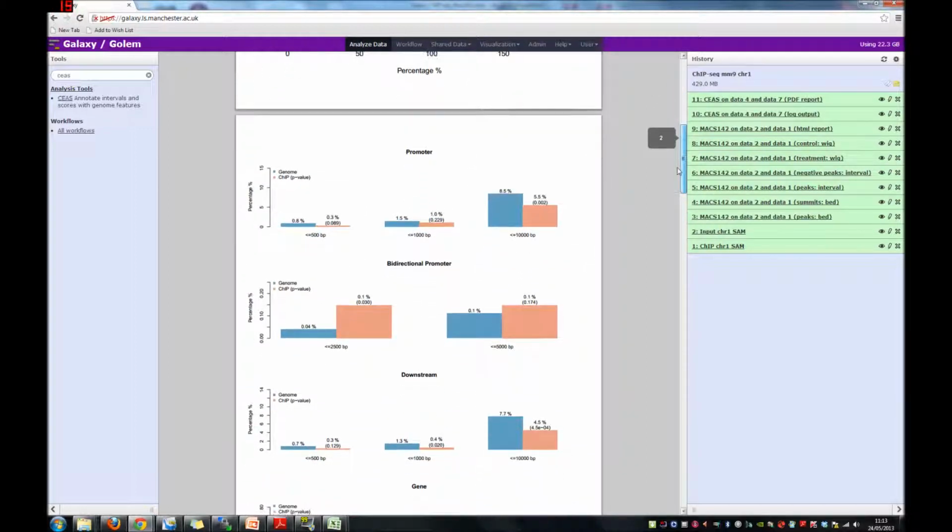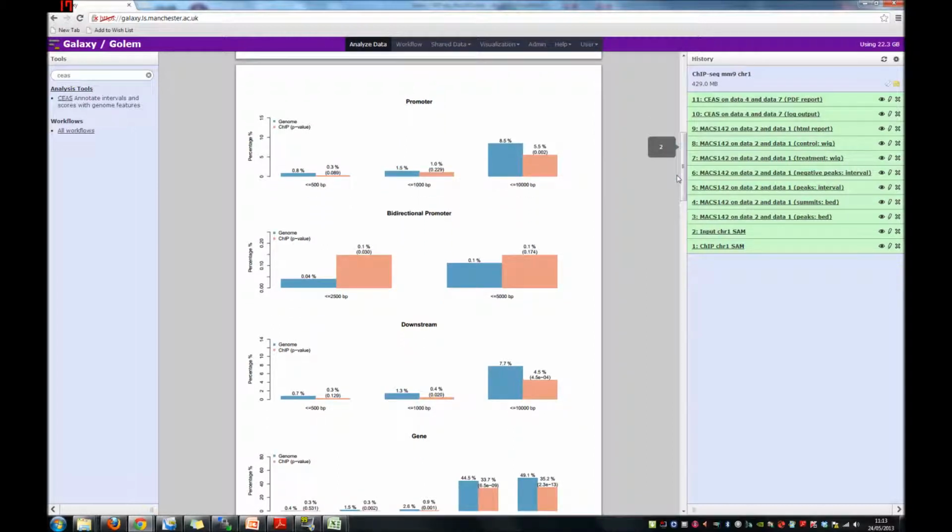There's lots of other pieces of information, for example whether the number of binding regions in the different promoter areas that we defined are greater than expected. By expected I mean over the reference genome as a whole.